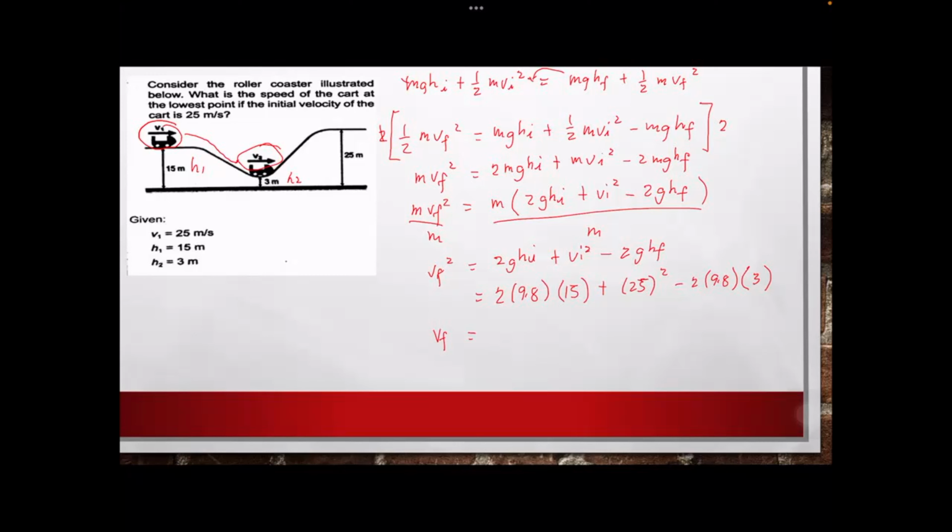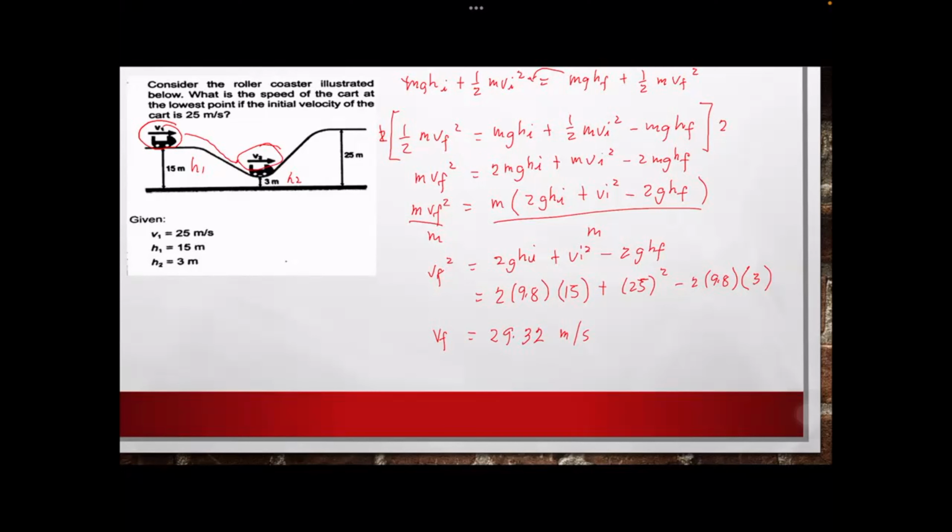What will be the answer? Sabi ng calculator, 29.32 po. 29.32 meter per second. Ito ba yun? Same answer with others?